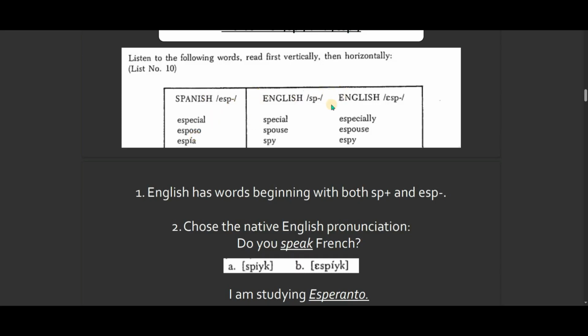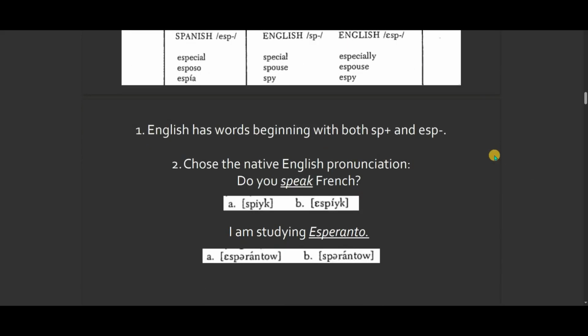Then we have English SP: special, spouse, spy. Okay, so notice the difference. Special, especial. Esposo, spouse. Espía, spy.